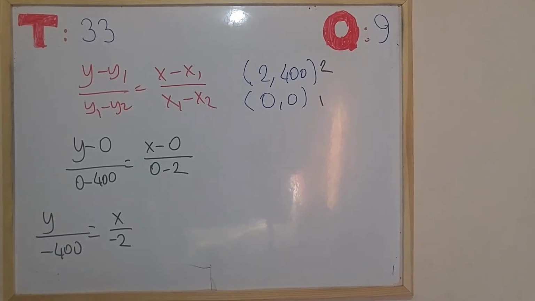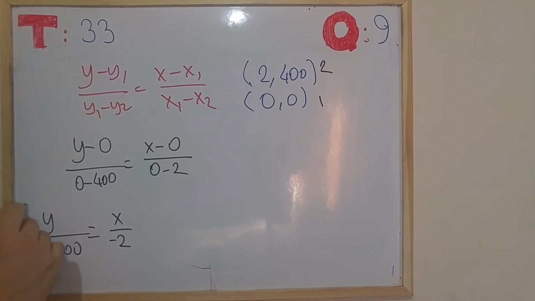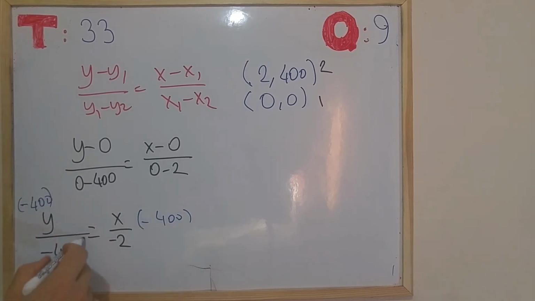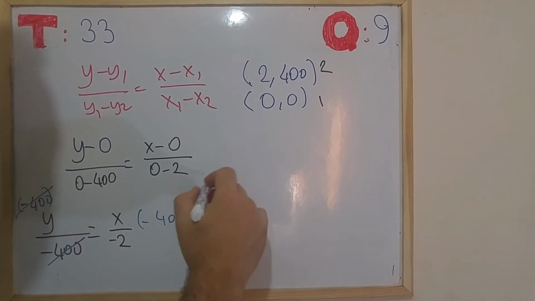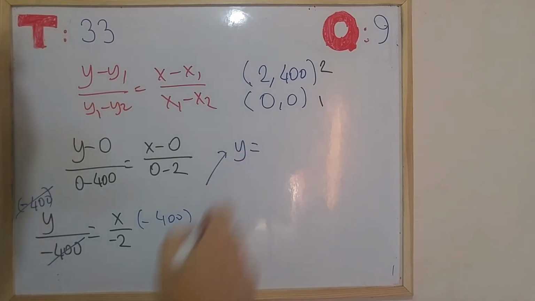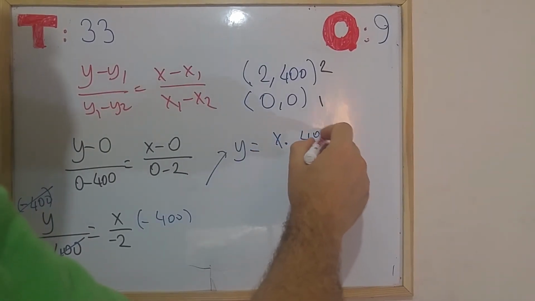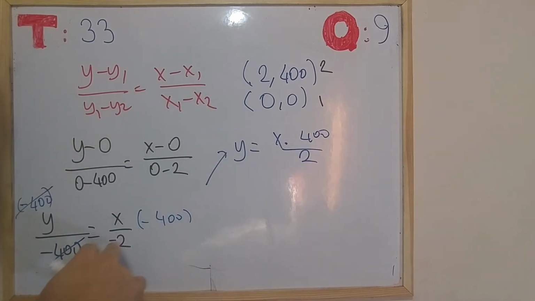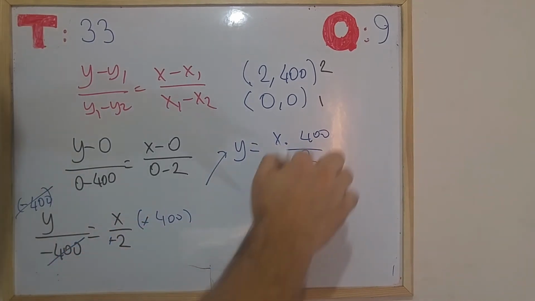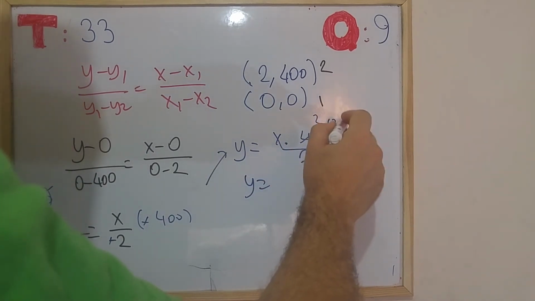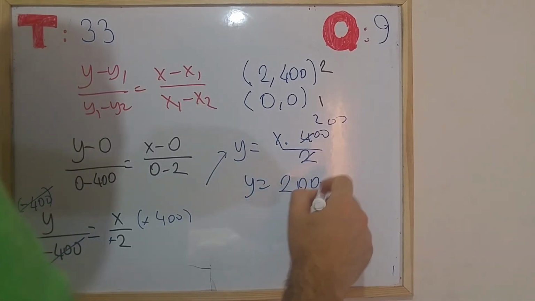Let's reshape this equation by multiplying each side by, say, minus 400. So these are gone, and what I just have is y is equal to x times 400 over 2. Minuses will be gone, that's why I said so. So I can write it as y is equal to 200x.